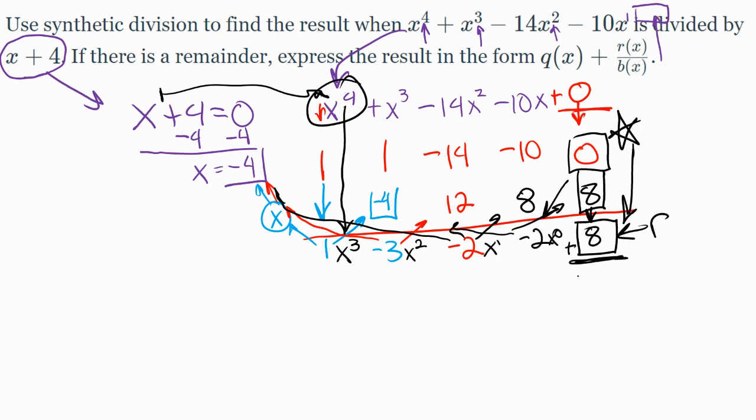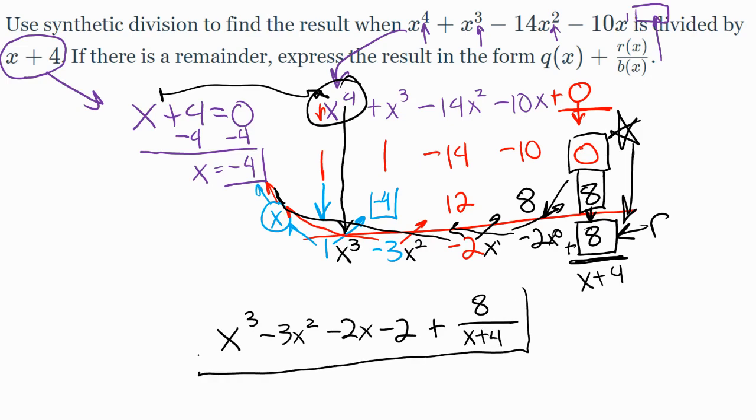That still needs to be divided by my x plus 4 because it didn't go in evenly. So to write it all nice and pretty, one line, x to the third minus 3x squared minus 2x minus 2 plus fraction bar, remainder 8 over x plus 4 because the x plus 4 didn't go in evenly.